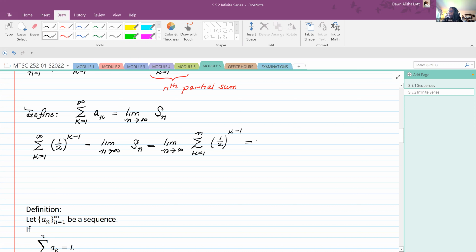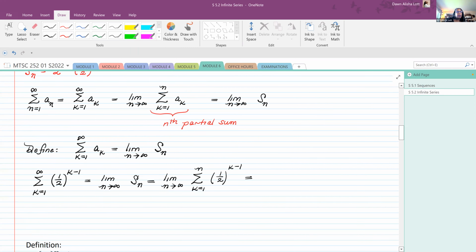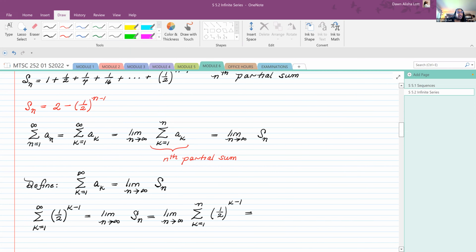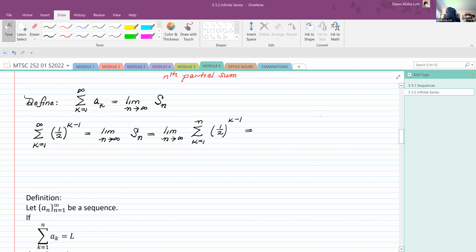But we already said the nth partial sum is 2 minus 1/2 to the n minus 1.